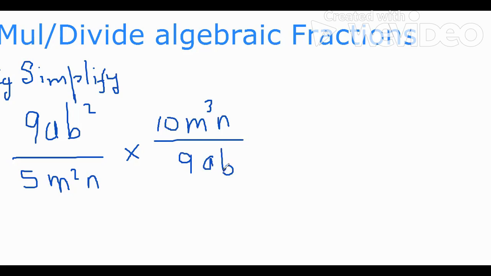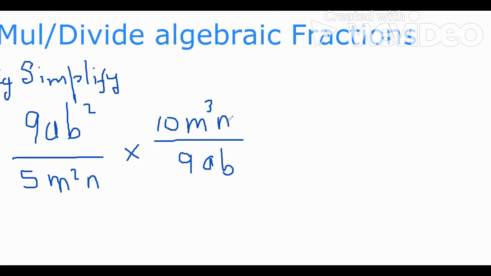Alright, so that's an example of algebraic multiplying. Notice that the sign right here is not a plus nor a minus. What is it? A multiplication, not true?